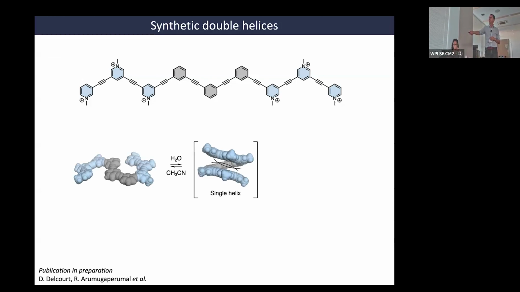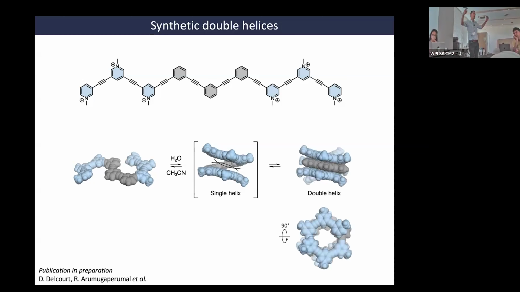What happens is that when it folds in this conformation, it actually brings all the components which have permanent charge on top of each other. And so it does not reduce the hydrophobic surface at all. On the contrary, it brings all these charged components on top of each other. And this makes the formation of the trivial, simple single helix unfavorable.